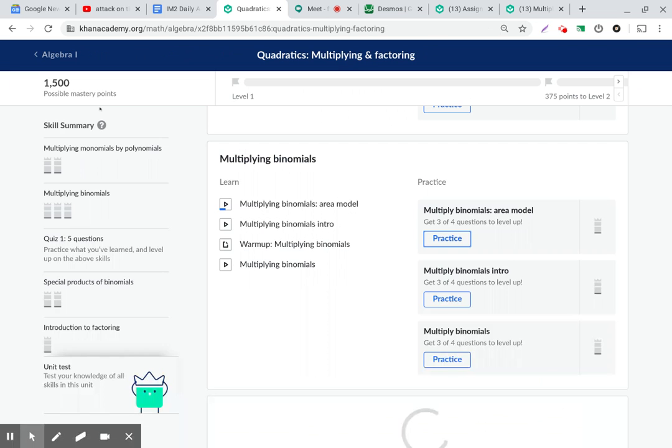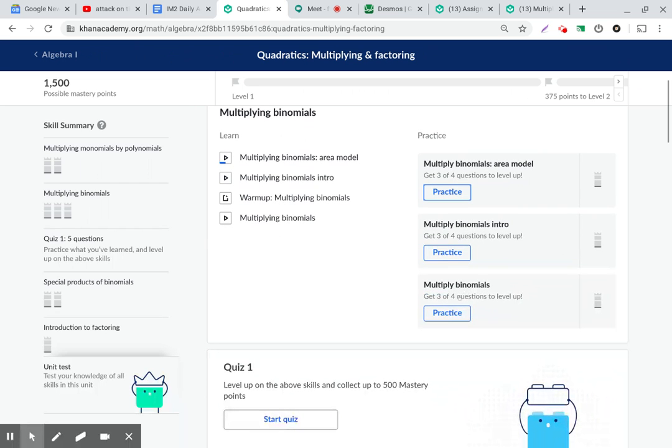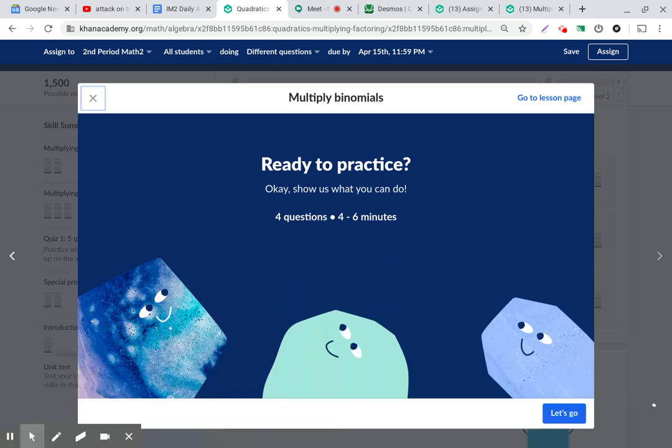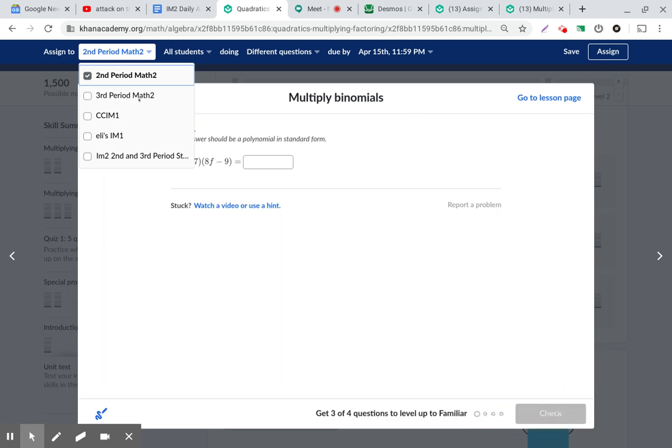And then the third one, you're going to do multiply binomials. Let's see if this works.